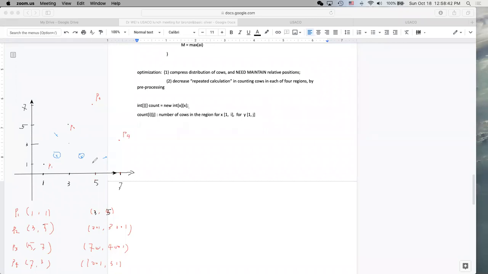So this is the number of cows in the region for these portions. The reason we want to maintain such a 2D array is we could avoid calculating the number of cows starting over from the region every time. We can actually build upon previous counts in the left and also the below position.